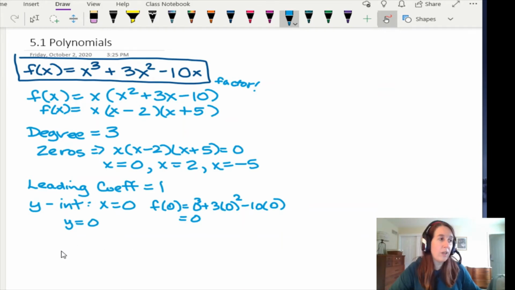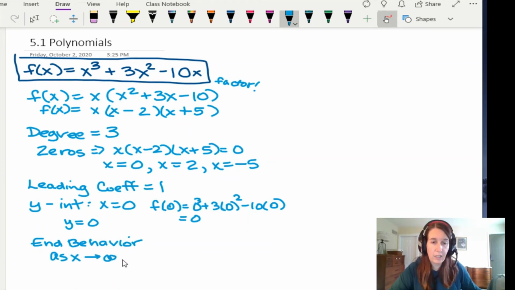And then we also want to talk about the end behavior. As x approaches infinity, what is y going to do? And that was in that polynomial patterns introduction. So this is an odd degree. So we know that one end is going to go this way and one end is going to go this way.